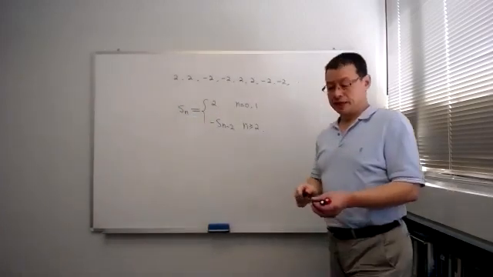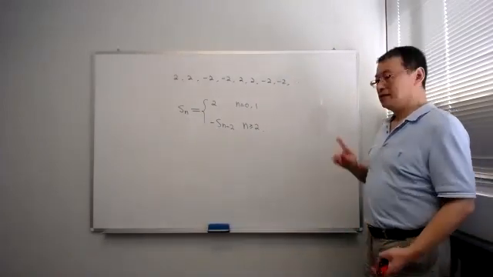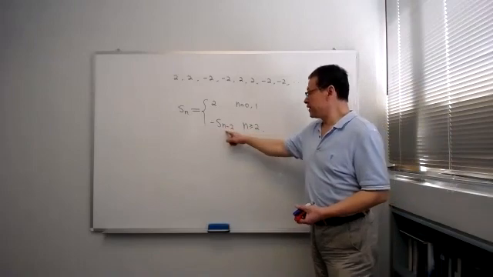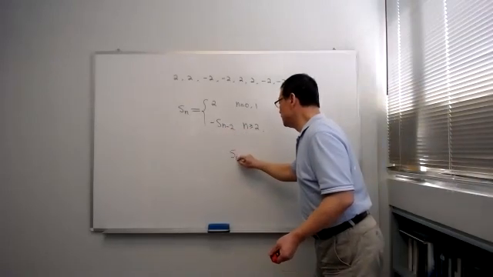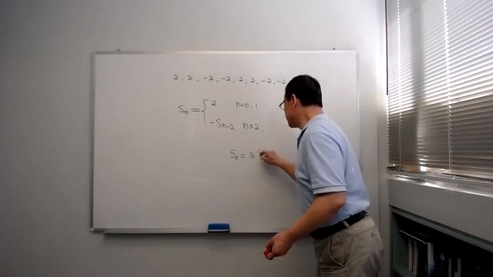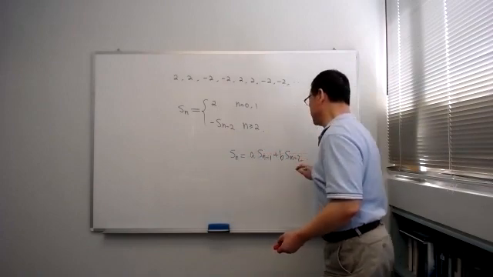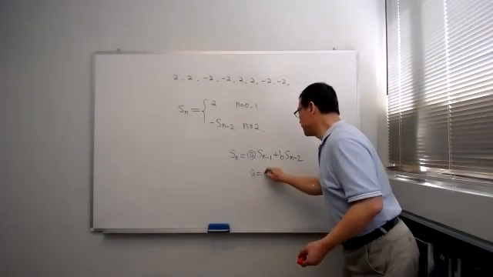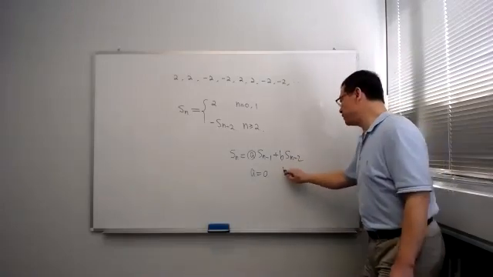Remember this is second order. Here we have S_n equals A S_(n-1) plus B S_(n-2). Here A equals 0. A can equal 0, but B should not be equal to 0. Here B equals minus 1.